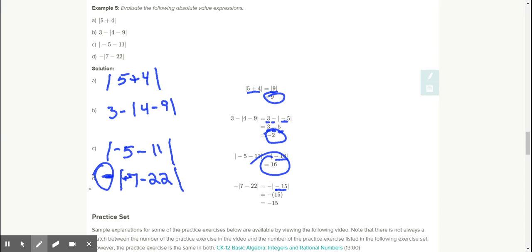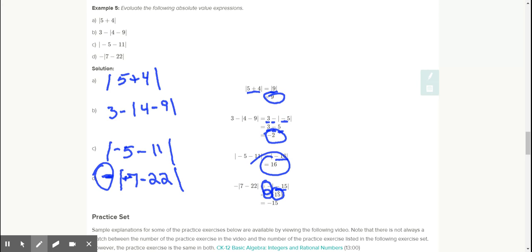Notice this negative sign has carried over. They wrote it on the outside, they carried it down here. The negative is still on the outside. But now we need to evaluate what is inside those absolute value bars. The absolute value of negative 15 is positive 15.